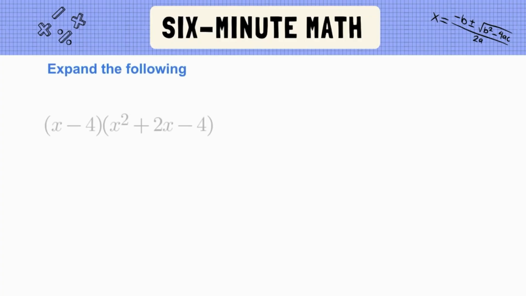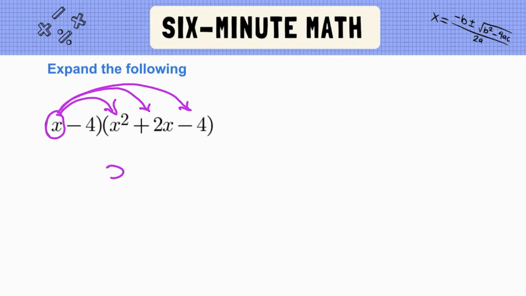How about if I expand the following? I have a binomial times a trinomial here, but nothing changes in my process except for that I have to multiply by one more term. X times x squared is x cubed.